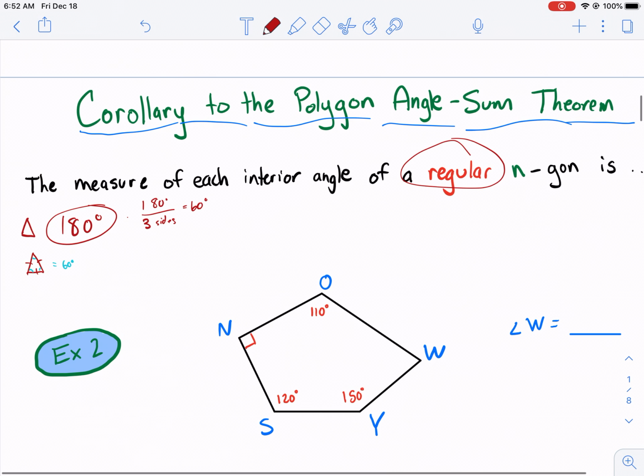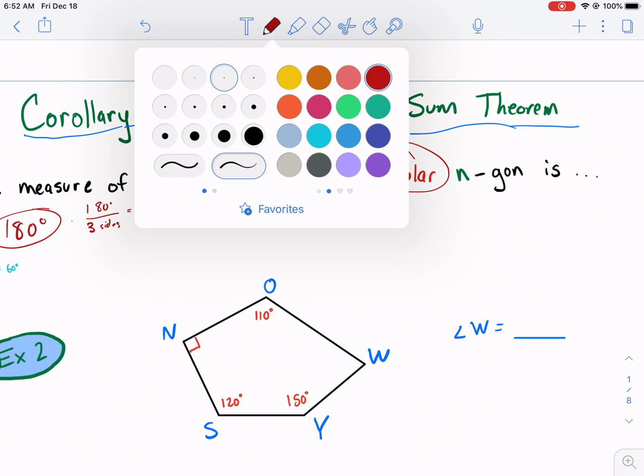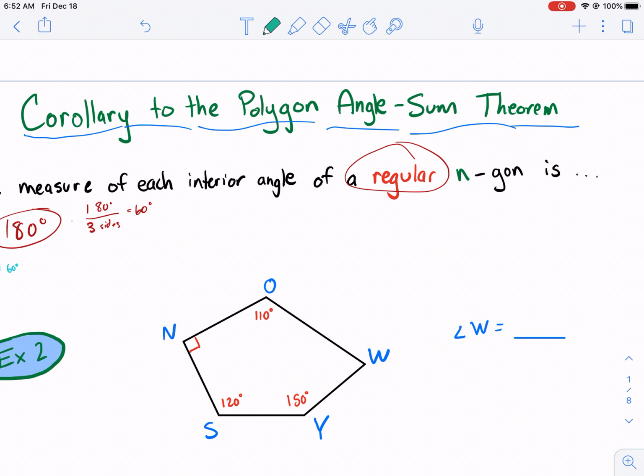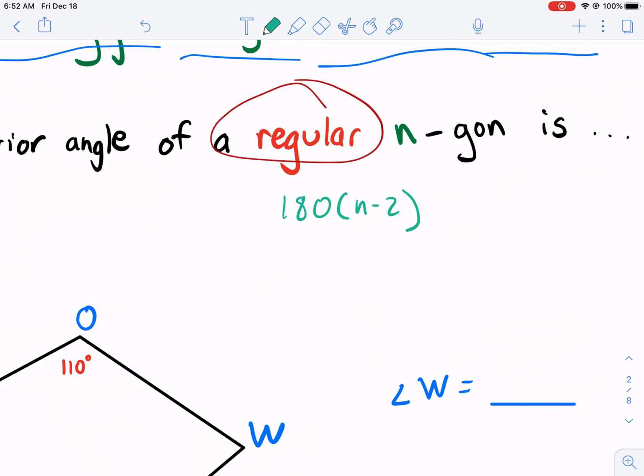Okay, now for any polygon, any n-gon as it's saying here, we already know the angle sum, that was our top number, is going to be 180 times n minus 2. And if we want to divide by the number of sides to get the degrees per angle, then we have to divide by the number of sides, n.